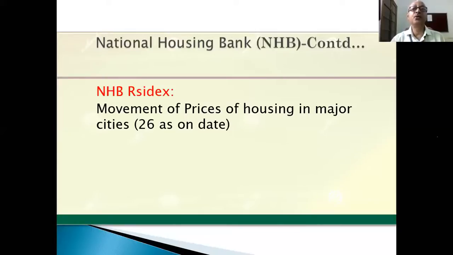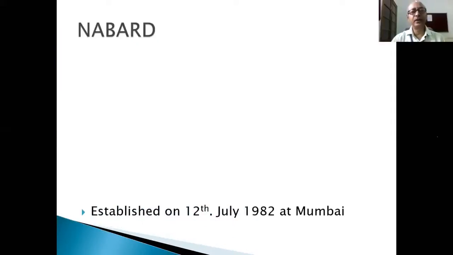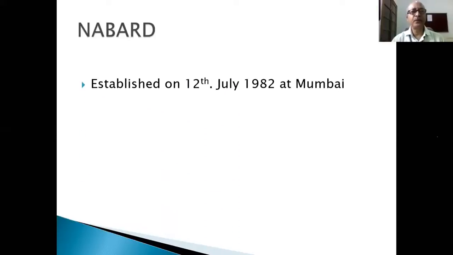I mean, it is the nodal agency for housing finance. And its stress is also on major cities. So for 26 major cities, it is keeping a record of movement of prices of housing, or what is known as Residex. And National Residex is something that is accepted. So this is for housing, National Housing Bank.